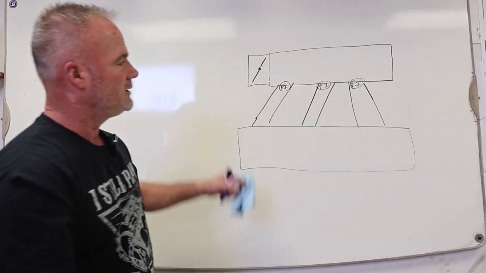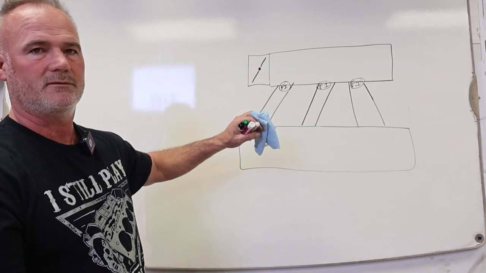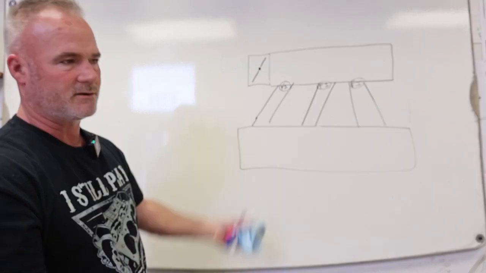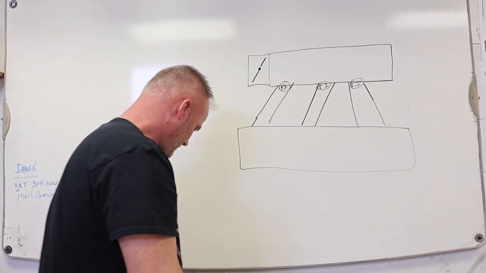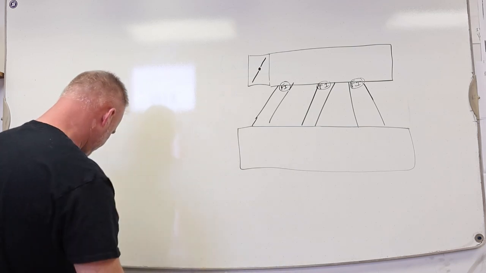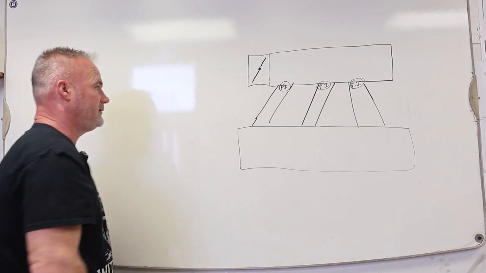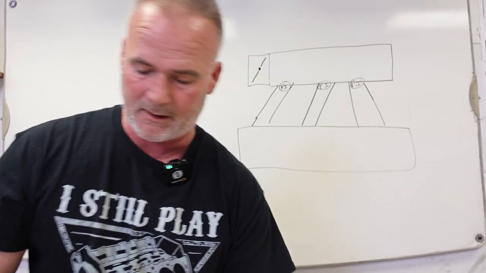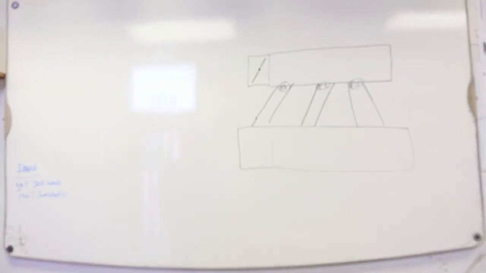Anyhow, how does it know? Sensors. Okay. Boy, are there a lot of sensors? Yes, there are. Let's talk about those sensors. We're going to make a list of them and talk about each one.